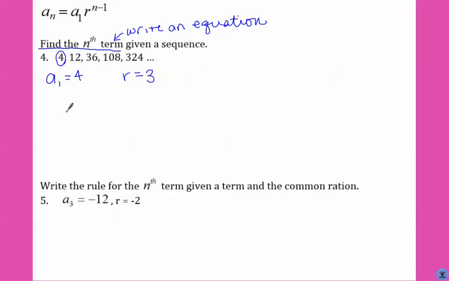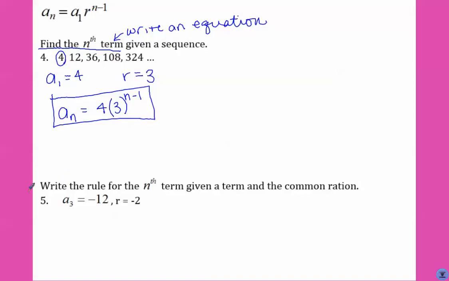So our nth term, or our equation, would be a sub n equals 4 times 3 to the n minus 1 power. We typically write the common ratio in parentheses. You can never multiply the 4 with the 3 and make it 12 to the n minus 1. That is a much different sequence, a much different rule. You're breaking the laws of math by doing that. It's not allowed. You can't simplify it. This is it. Stop there.